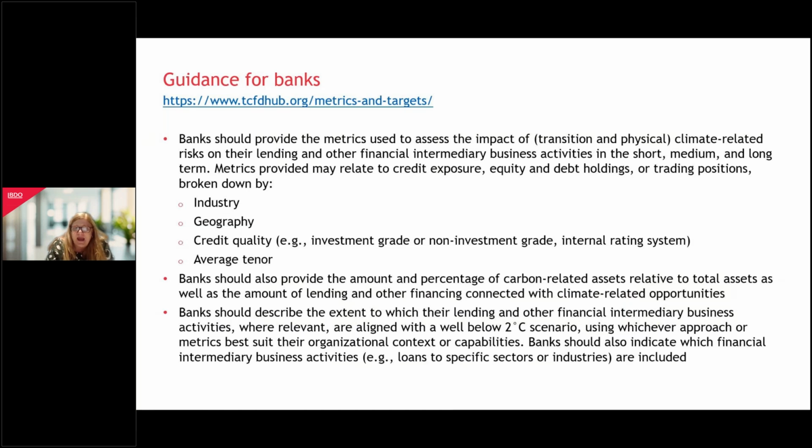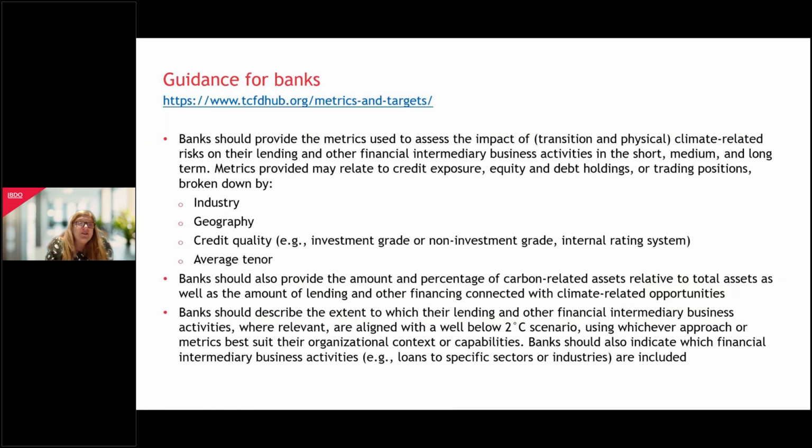And again, banks should also provide the amount and percentage of carbon-related assets relative to total assets, as well as the amount of lending and other financing connected to climate-related opportunities. So this is why banks are asking a lot of questions of their borrowers.